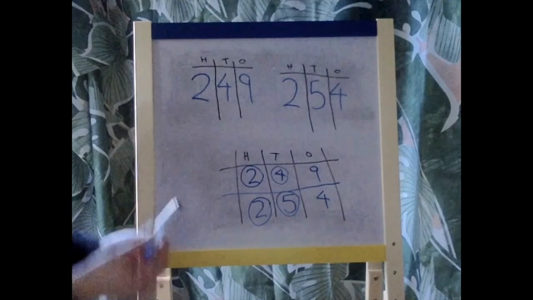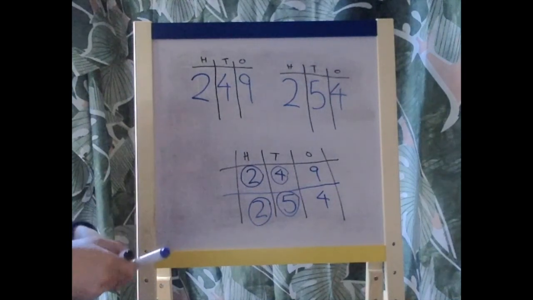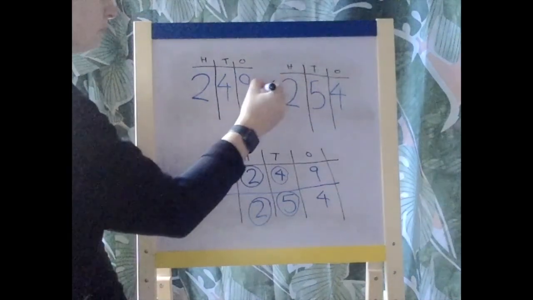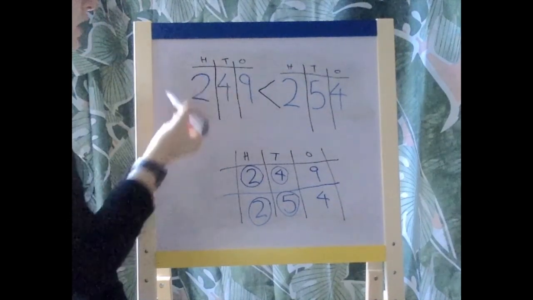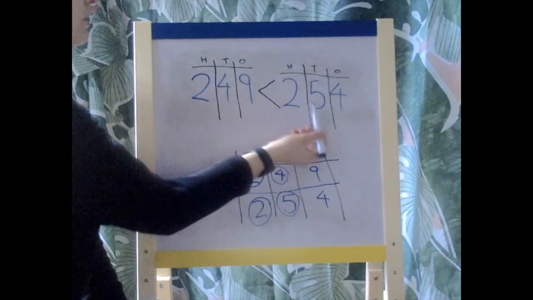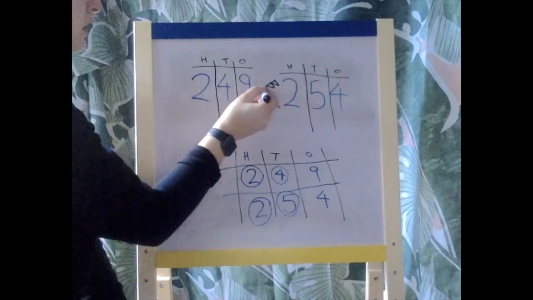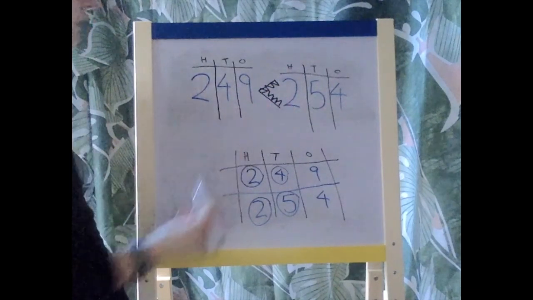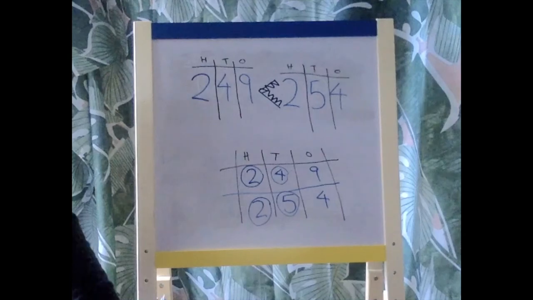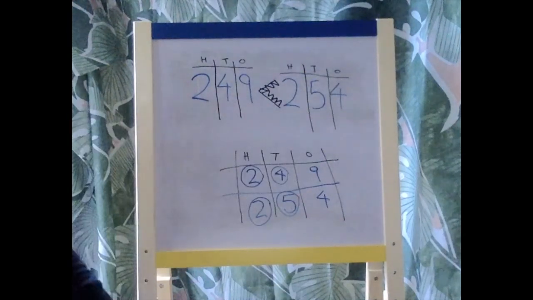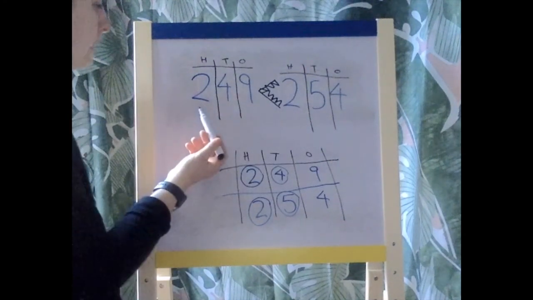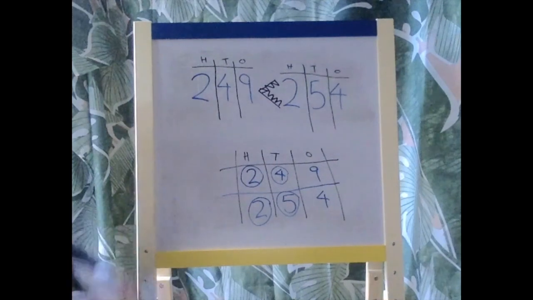Okay, so that's what we need to write. 249 is less than 254. And if you watched the video before, we've got our little crocodile teeth. The crocodile would rather eat 254 lollies than 249 lollies, even though that's a lot of lollies.